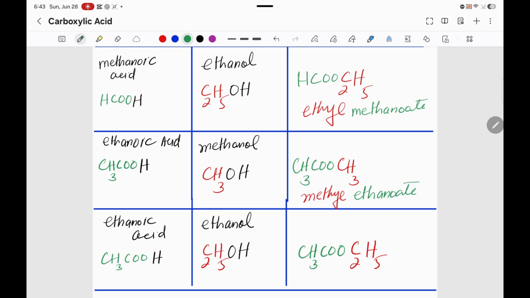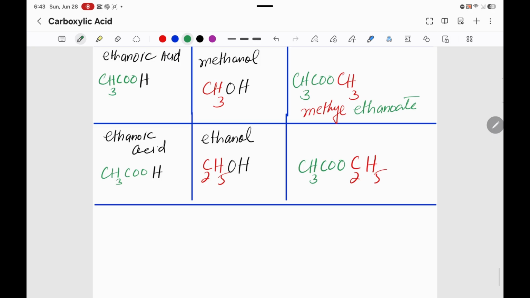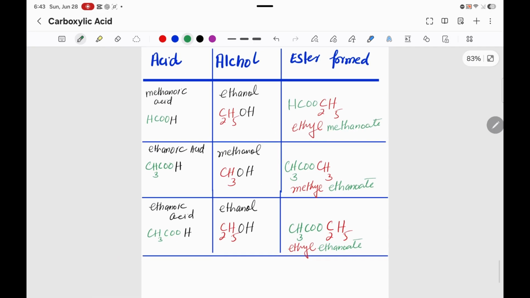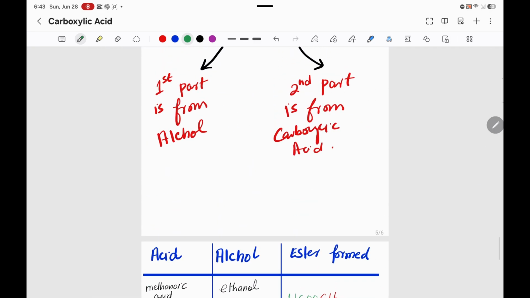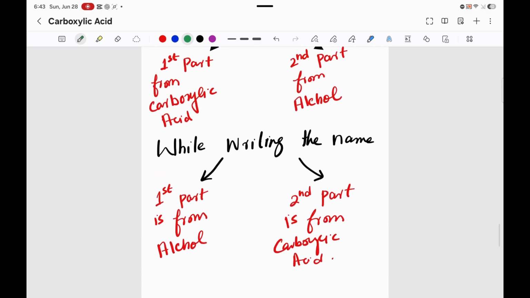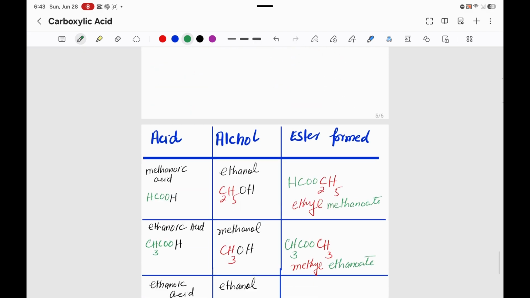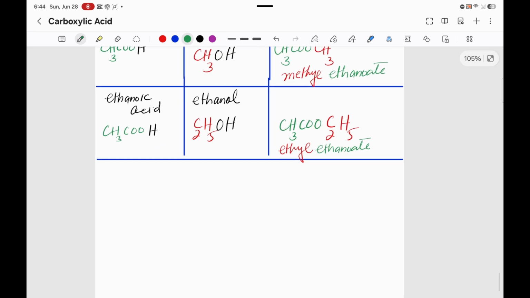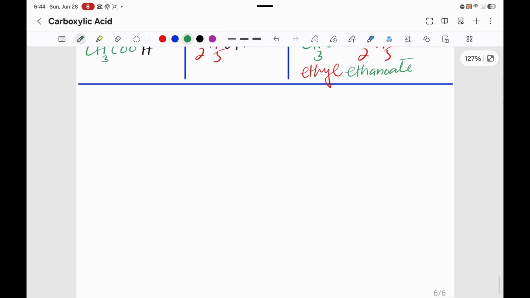We have to add ate at the end. Same, alcohol part will come first, that is ethyl, and acid part is ethanoate. So I have summarized the whole process of how to make the formula and how to give the name to the different esters. I think you can better understand now what to do and how to write.